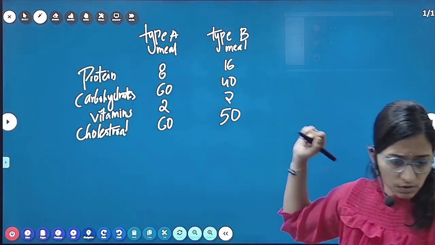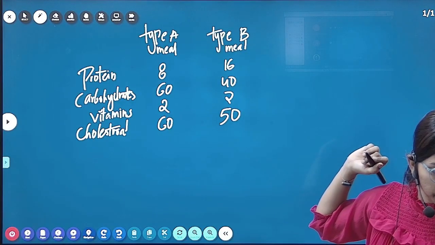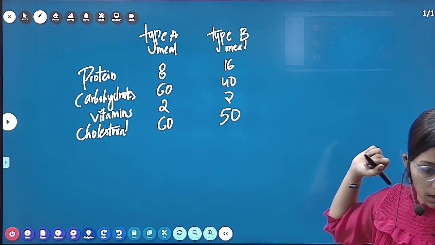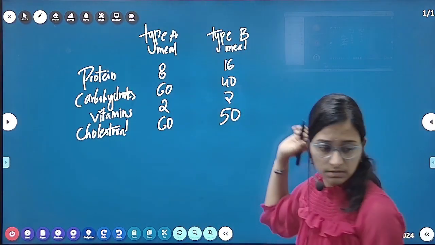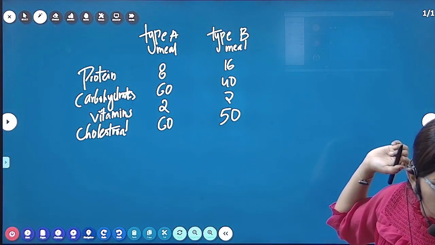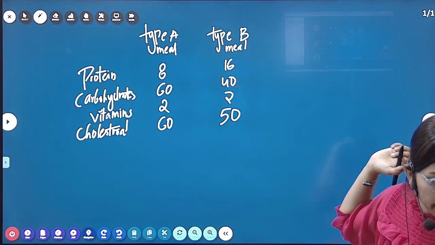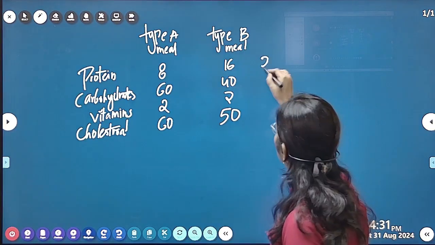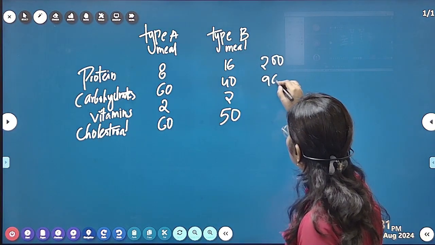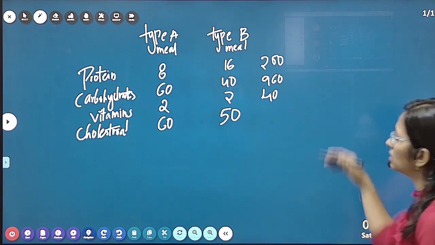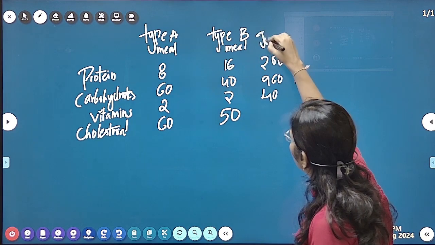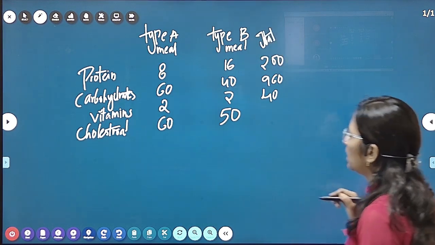So the total grams given for proteins, carbohydrates and vitamins are 200, 960 and 40 grams.